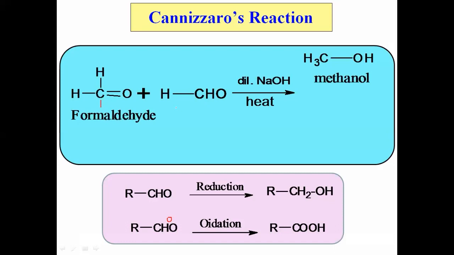Now the second formaldehyde molecule undergoes oxidation. What does that mean? We should get a carboxylic acid, means we should get formic acid, HCOOH. The CHO is converted into COOH. This is oxidation actually, and this compound is called formic acid.